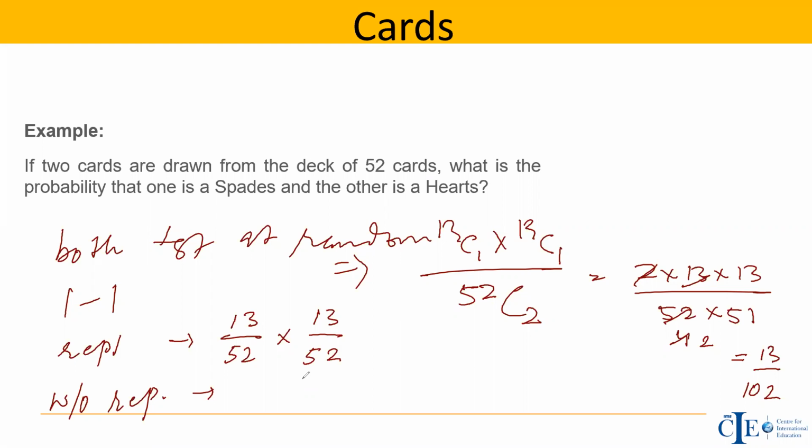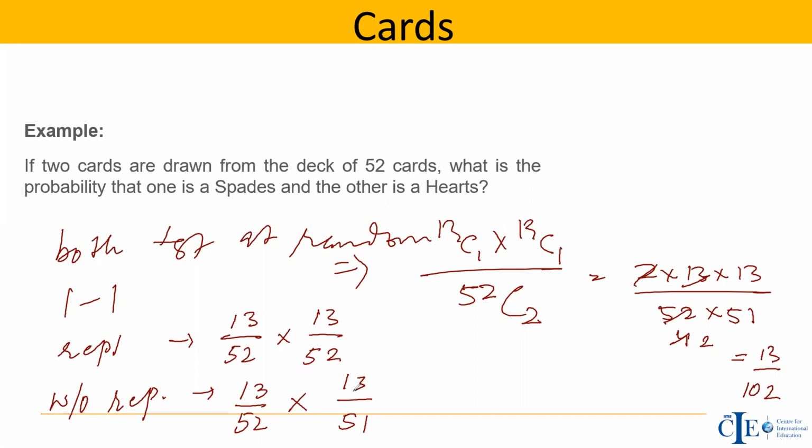So 13 upon 52 into 13 upon 52. If it is without replacement, so 13 upon 52, you take this spade and keep it aside. There are 51 left. Now you pick a heart from those 51, which is 13 over 51. So 13 over 52 into 13 over 51.